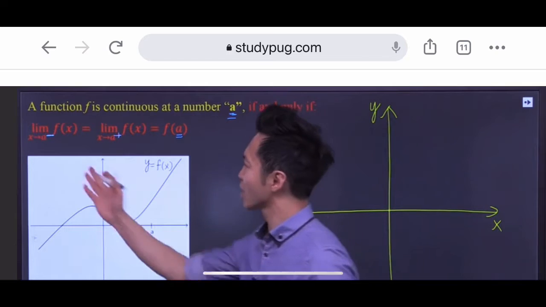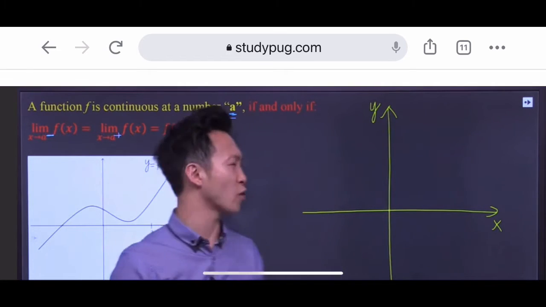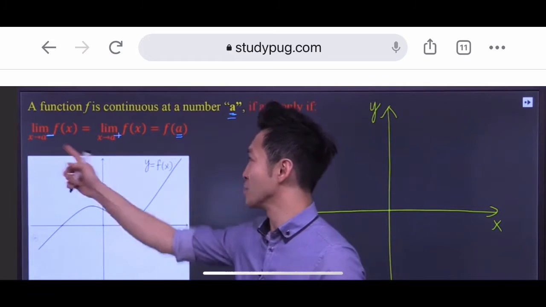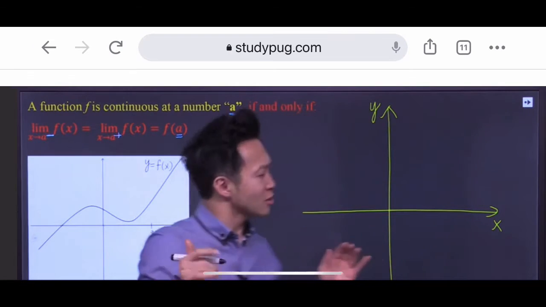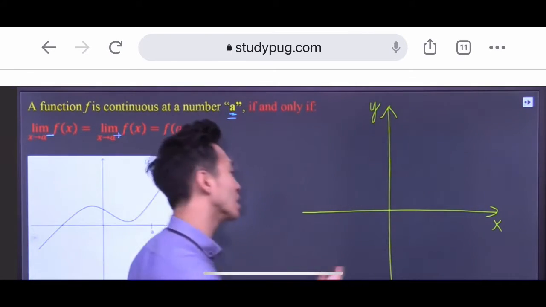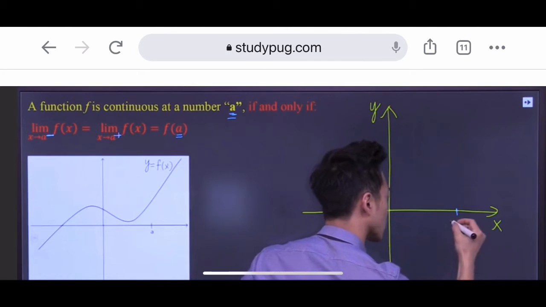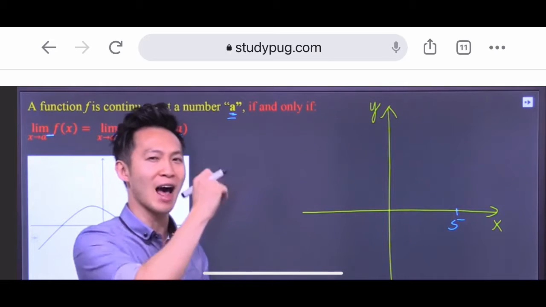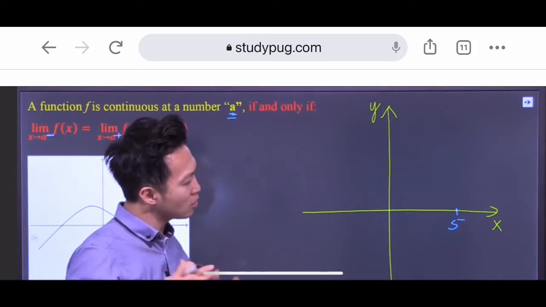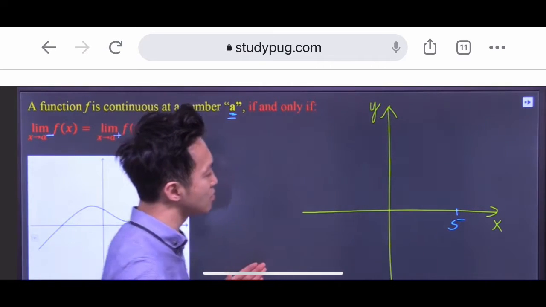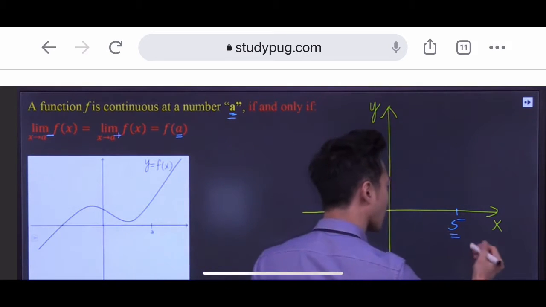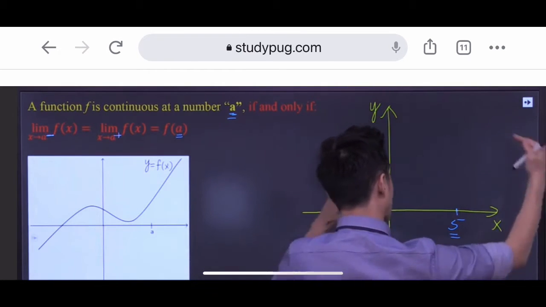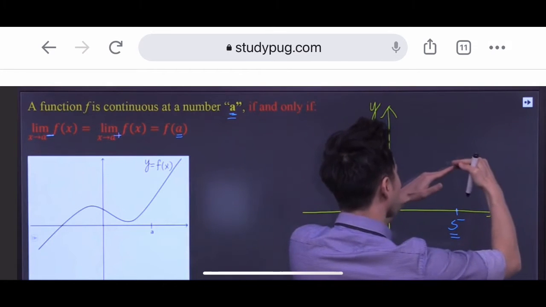In case you find this concept to be a bit too abstract to grasp, I'm going to throw in some numbers to help you visualize the meaning of this statement. So let's say we want a function to be continuous at x equals 5. Now, what are the ingredients we must have? Well, we must make sure that as the function approaches 5 from both directions, the function must be approaching the same value.